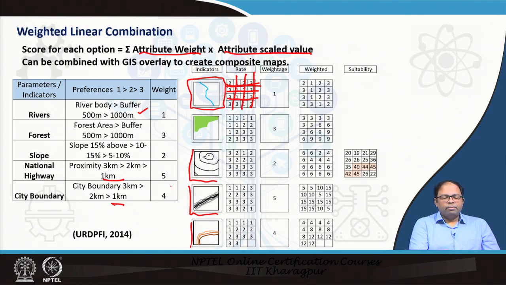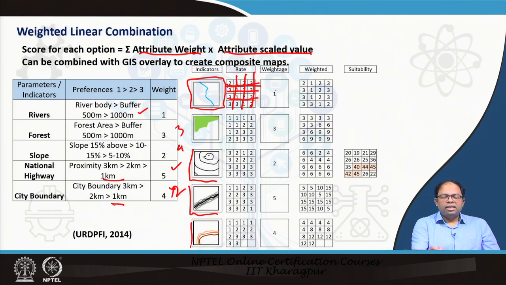We give the maximum weightage to city boundary. Next we give it to nearness to national highway. Then of course presence of forest is the third. Fourth is slope, and the fifth criterion is rivers. Accordingly we have given the weights.